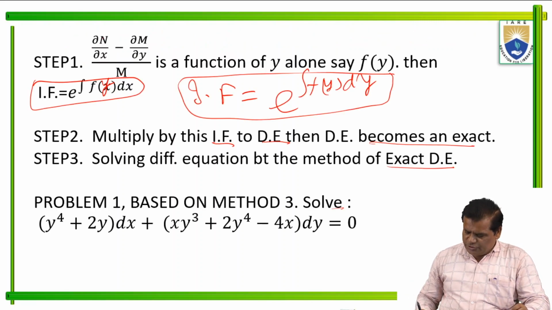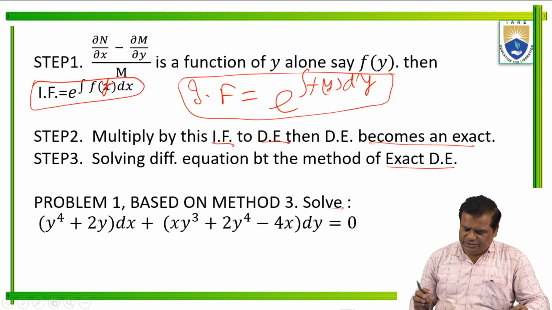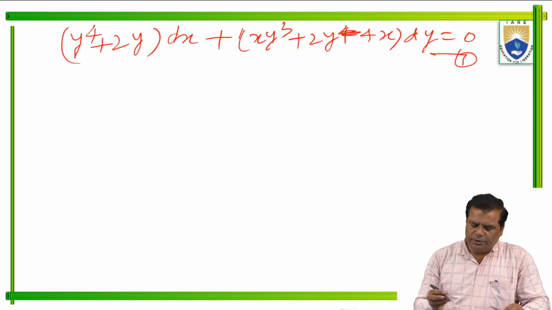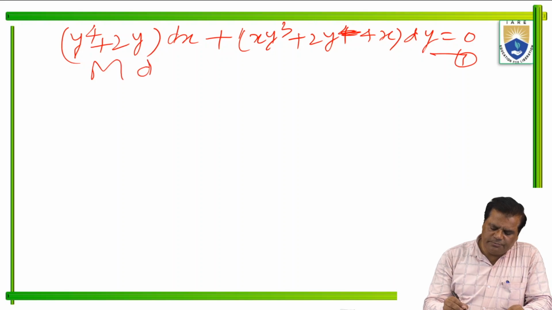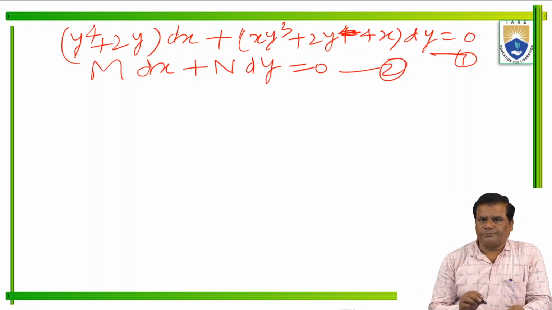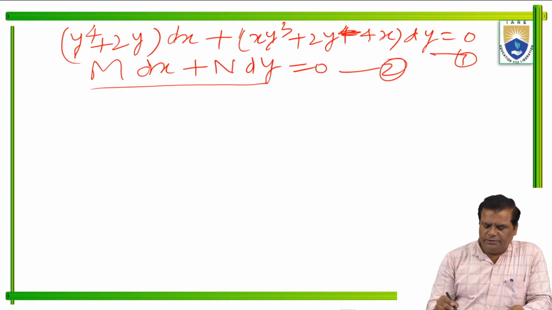Okay, this is the given question, equation 1. Now M dx + N dy = 0 is equation 2, the general equation.